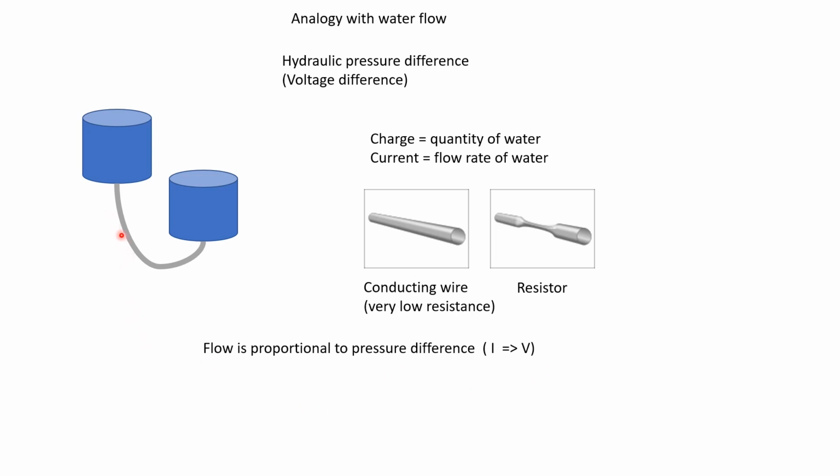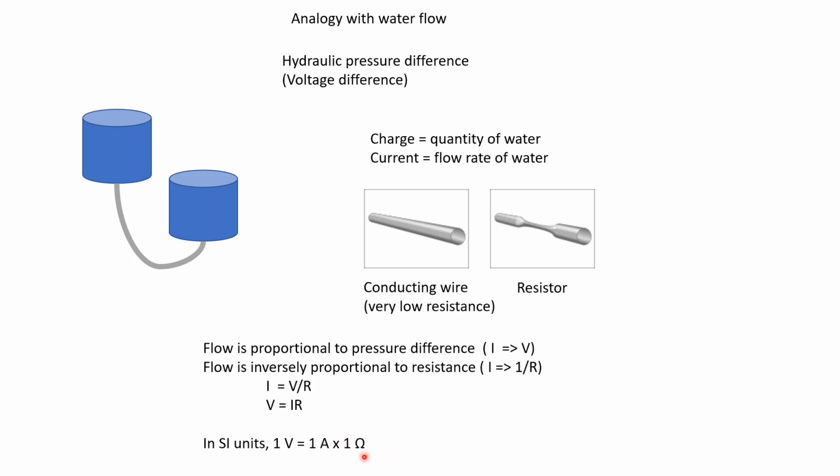And the other parameter that will affect the rate of flow is the resistance. So if there is more narrowing or if there is more resistance, then the current will be smaller. So current is inversely proportional to resistance. And with appropriate units, we can say I is V over R, or V is equal to IR.